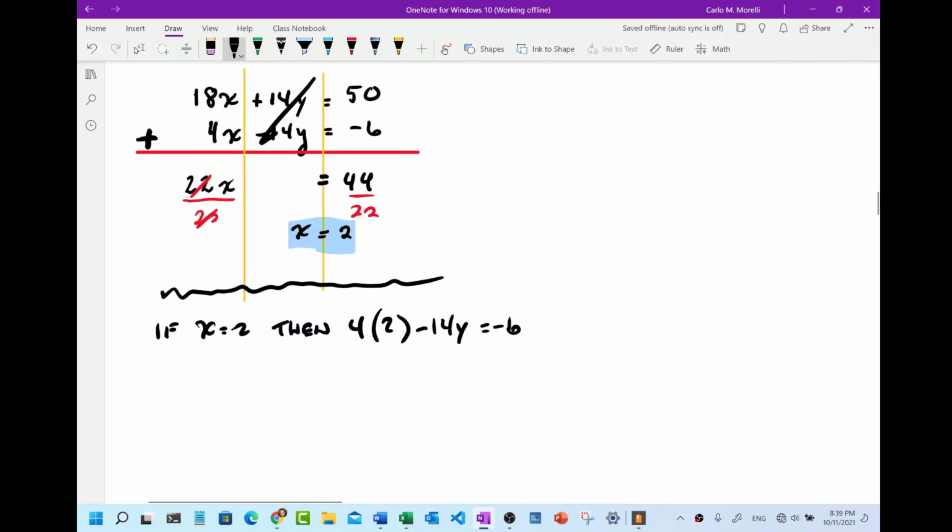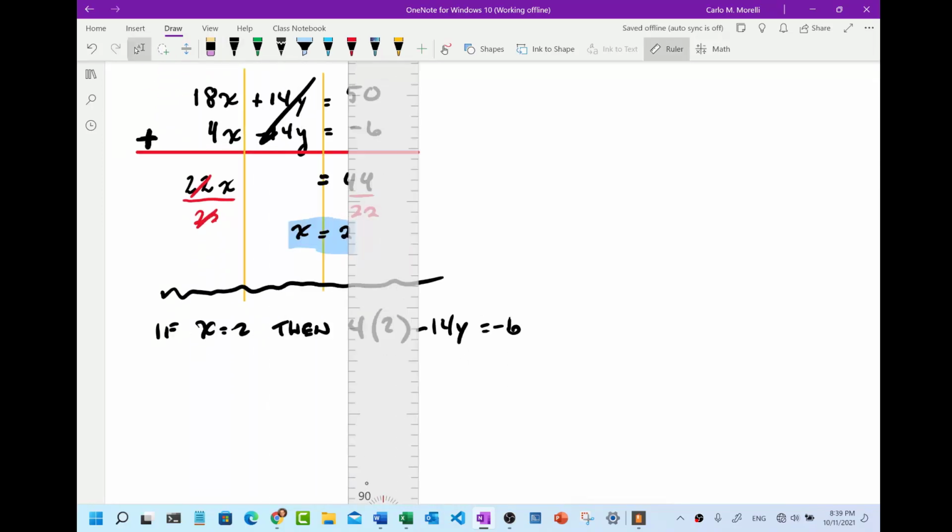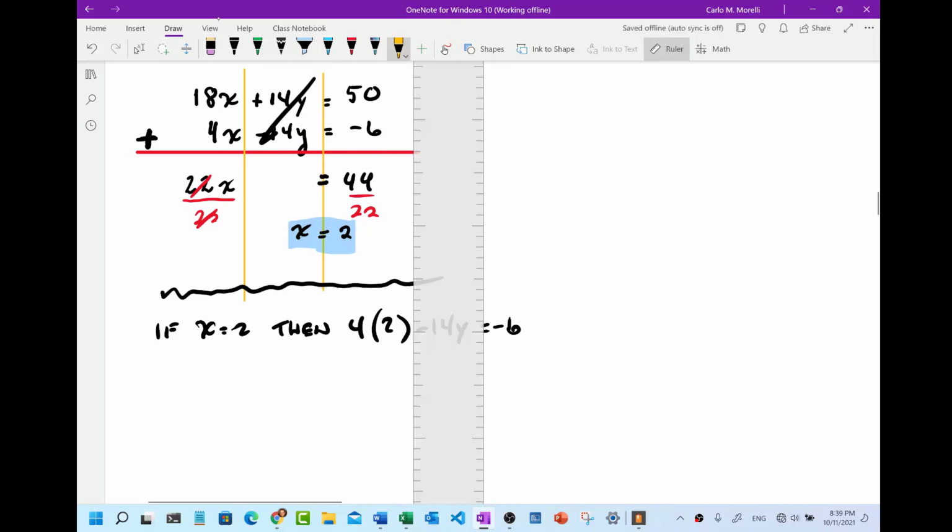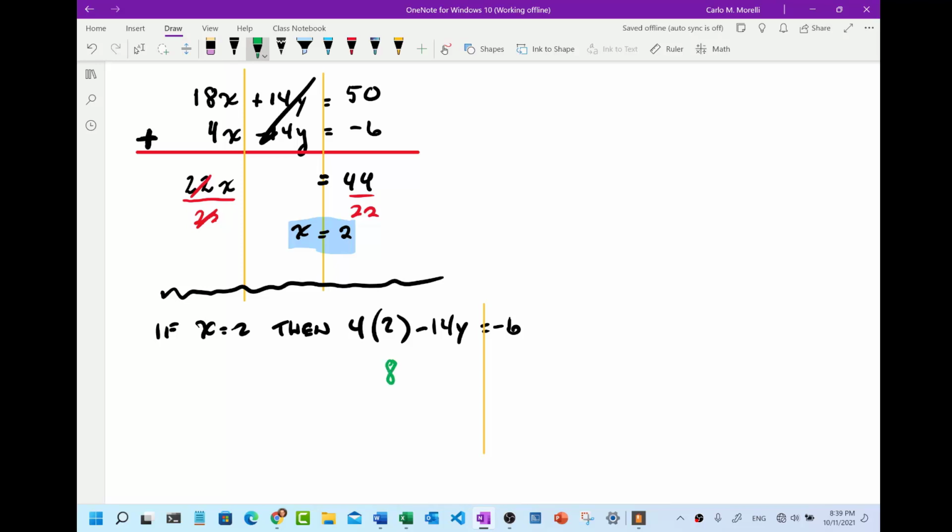Okay, so we just plugged it in there, and now we're going to solve for y here. Okay, so I've got 4 times 2 is 8 minus 14y equals negative 6. Let's switch it up a little bit. And so now I'm going to subtract 8 from both sides.